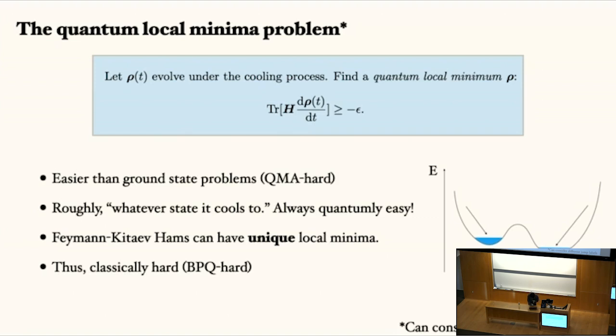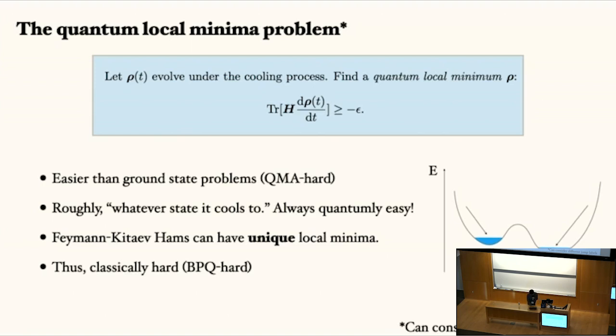The equation I wrote down just means that when you evolve under the cooling process, the energy doesn't increase. Pictorially, you want to find these valleys in your potential. It's very similar to optimization: if you run gradient descent, you're supposed to get to one of these points.